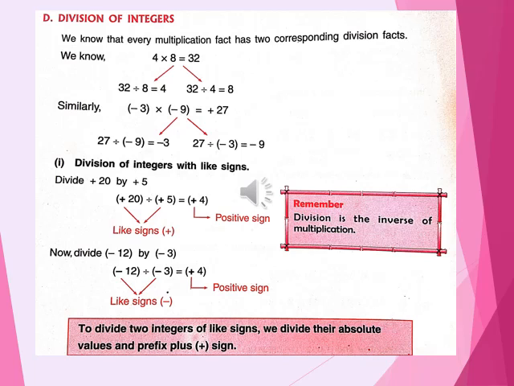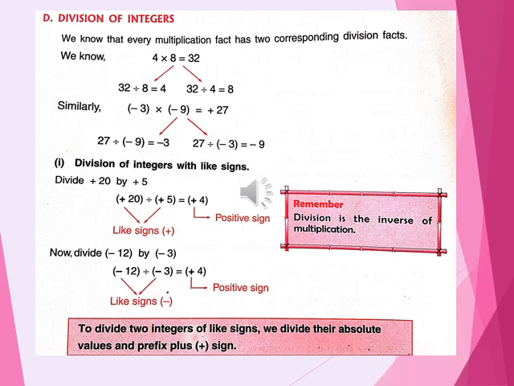Now division of integers with like signs means both plus or both minus. So here we will divide plus 20 by plus 5. Plus 20 and plus 5 are nothing but simple numbers 20 and 5. So the answer is 20 divided by 5 equals 4. See here, plus, plus and plus.